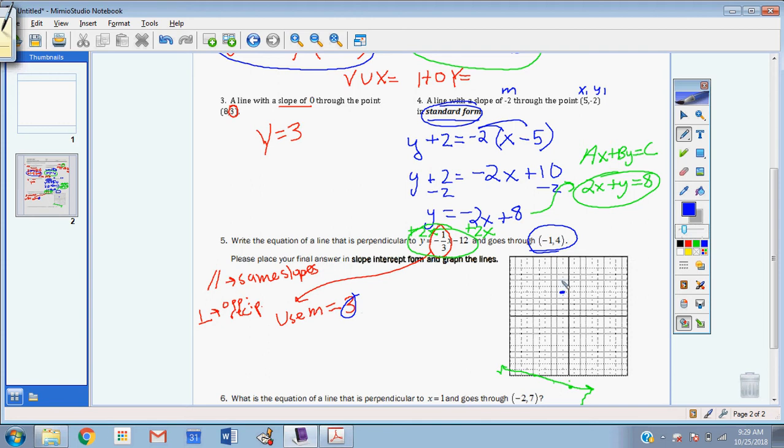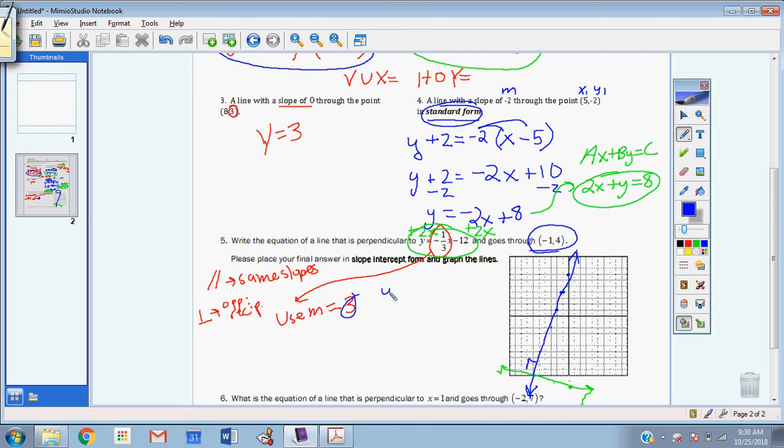So, 1, 2, 3 over 1, down 3 over 1. It's kind of hard to show on here, but if you use a straight edge, which I can't do on here, you will see a perfect right angle right there. So graphing the lines is one thing, understanding what it says.